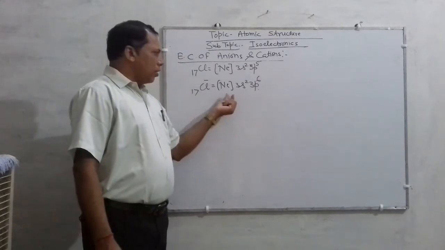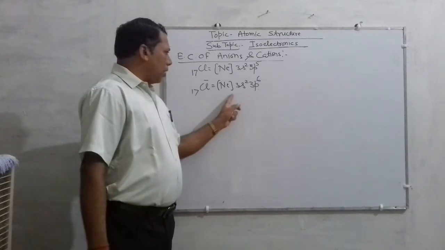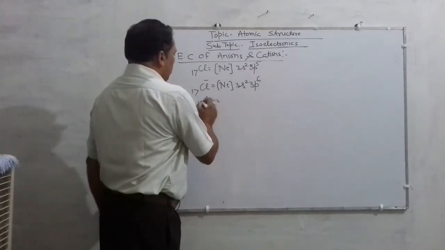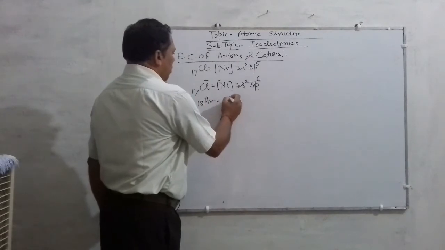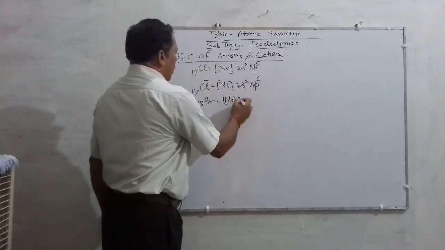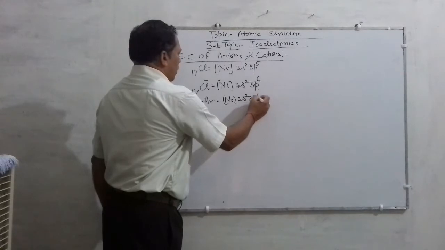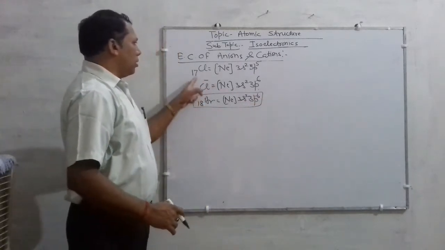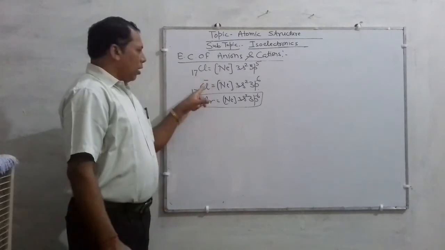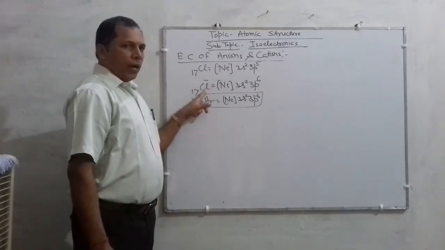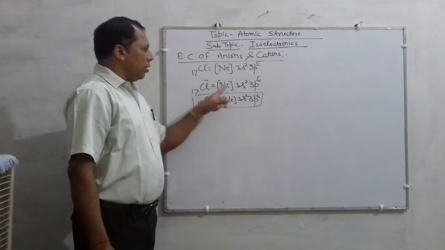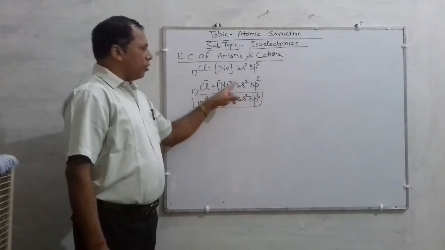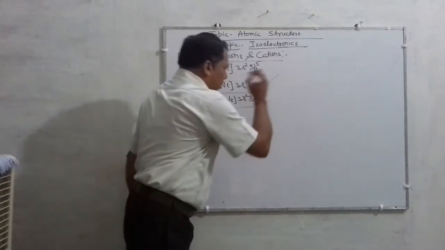In the case of argon, 18Ar, you just write neon and 3s2 3p6. So just by gaining one electron, chlorine, while converting into chloride ion, that is, in the formation of an anion, has this electronic configuration.